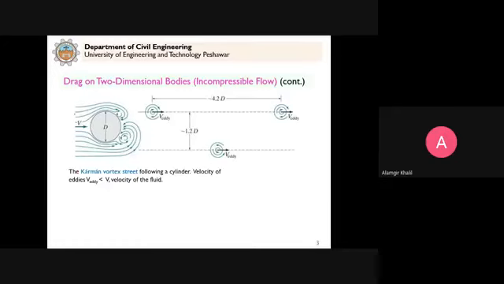Now, whenever a flow passes this cylinder, whose cross section is shown in this diagram from our textbook, on increasing the Reynolds number, vortices will form.